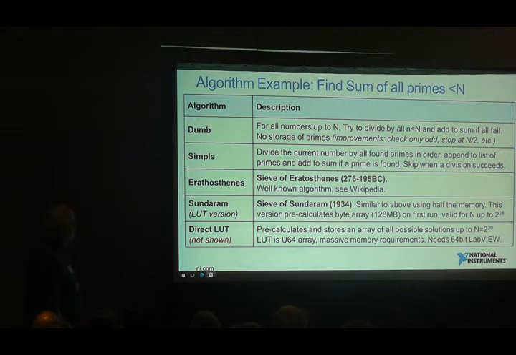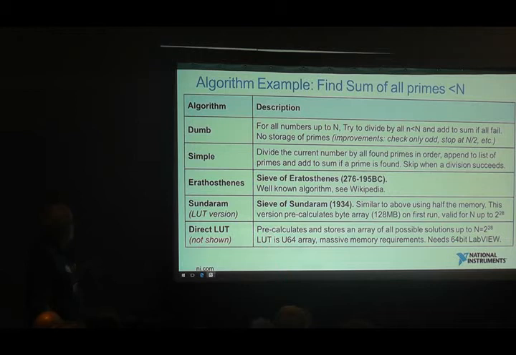Okay, so Ed showed one of those. I did 5 different algorithms, and again, they're available online. Maybe I don't show the code. You can study it. The DOM algorithm takes a number, and then starting with 2, it tries to divide by all of them, and if none of them succeed, it knows it's a prime, and adds it to the sum.